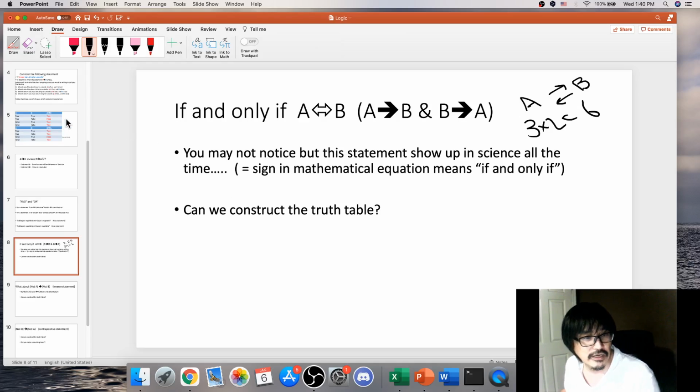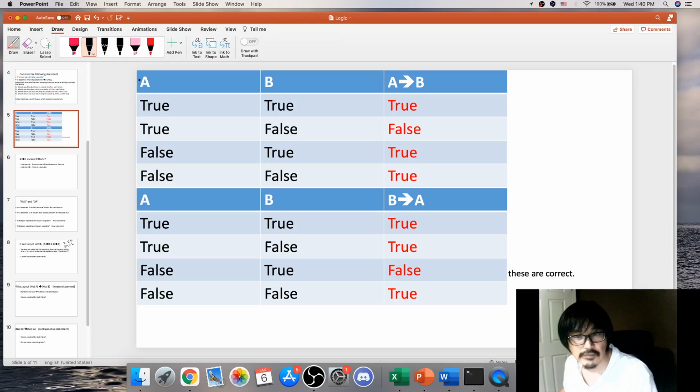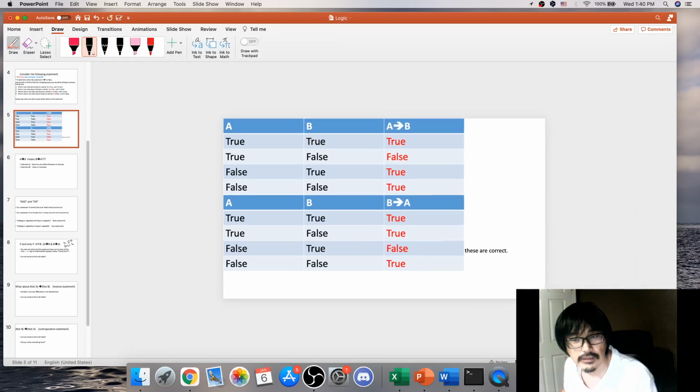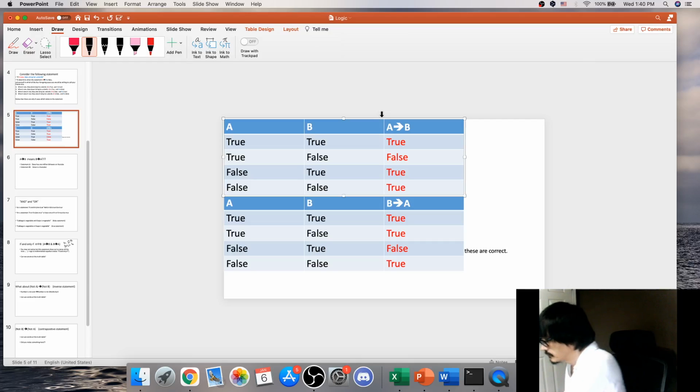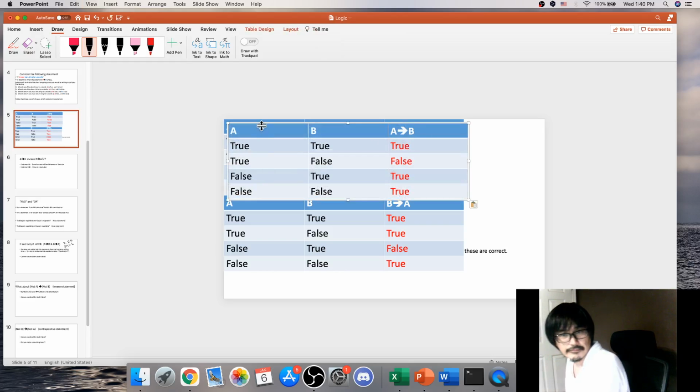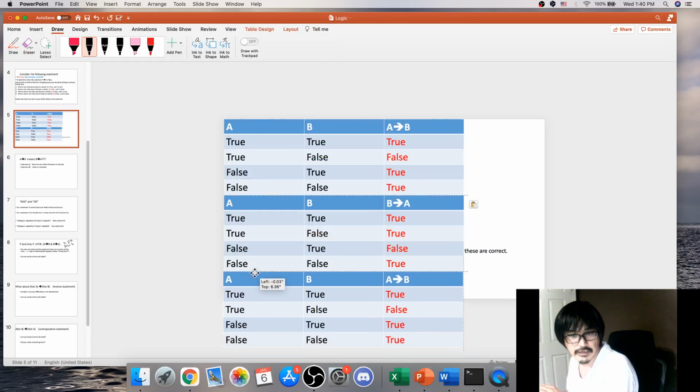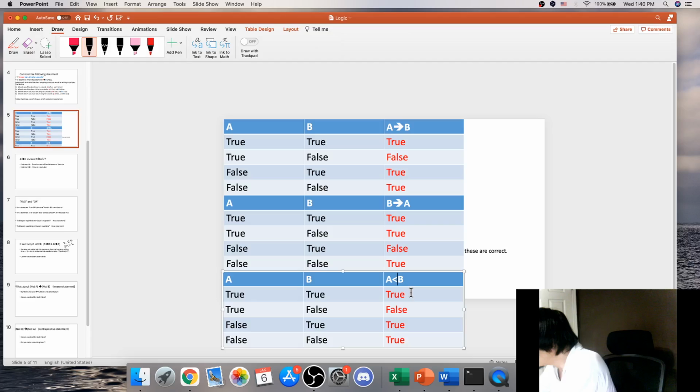So let's just construct the truth table here. Both of them have to be true, right? Okay, so I'm going to copy these again and paste it somewhere here. For this particular case, if and only if, it's the double-sided arrow, right?